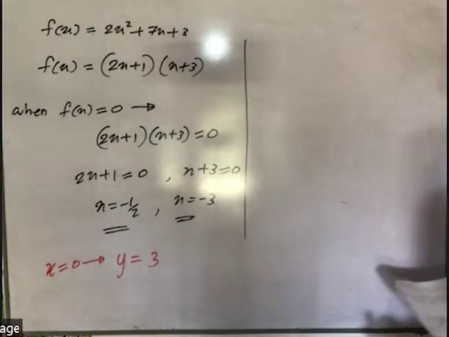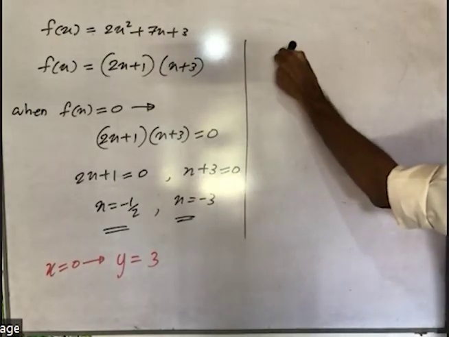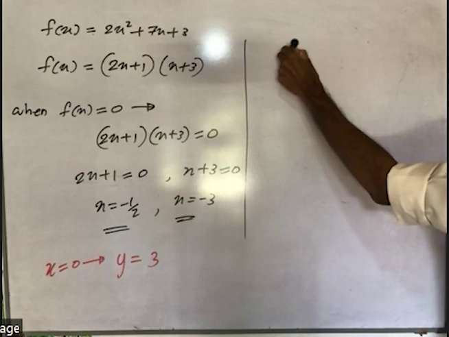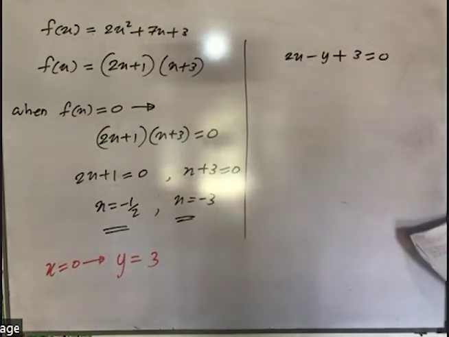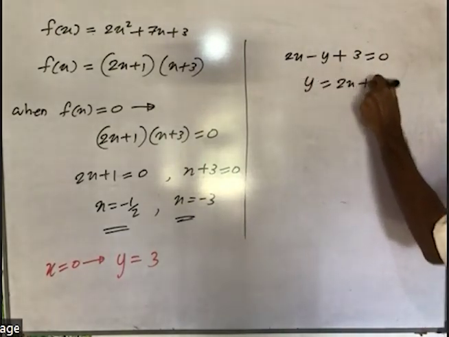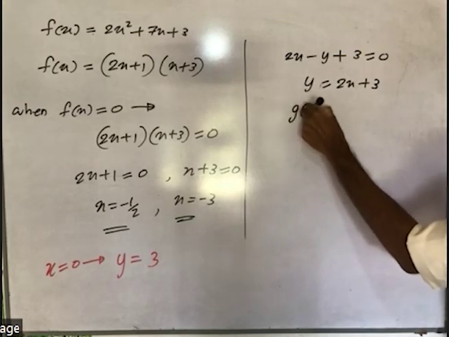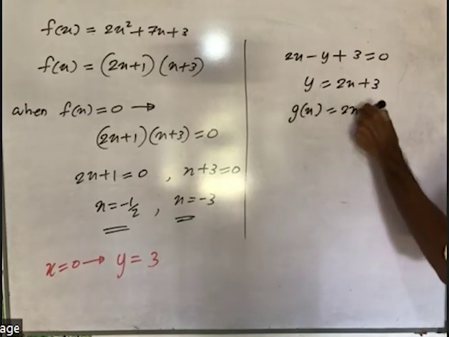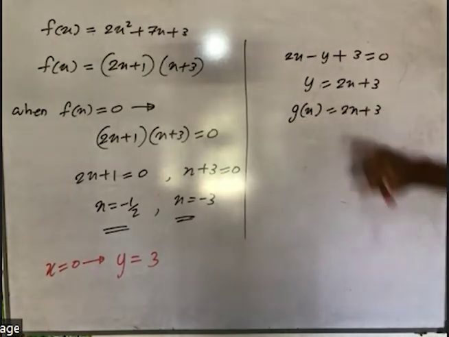So next I am going to take the straight line. The given straight line is 2x minus y plus 3 equal to 0. So I am going to write this as y equal to 2x plus 3. So y is a function. I am going to write down that as g(x) equal to 2x plus 3.